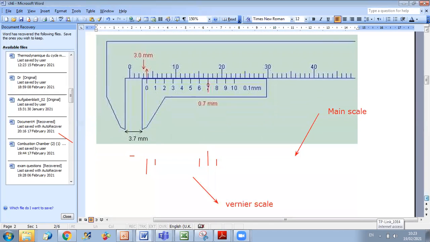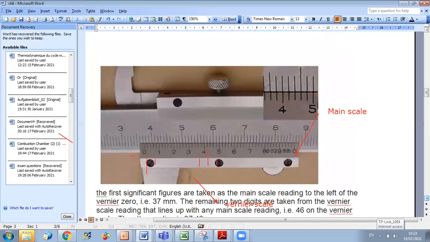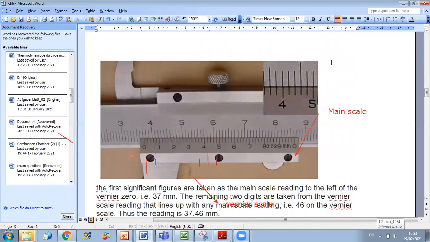Now, let us see some examples. Here, in this Vernier scale, I can read up to 0.02 millimeter. Why? Because on the main scale, the smallest division is 1 millimeter, and this 1 millimeter is divided through the Vernier scale into 50 divisions. Why 50?